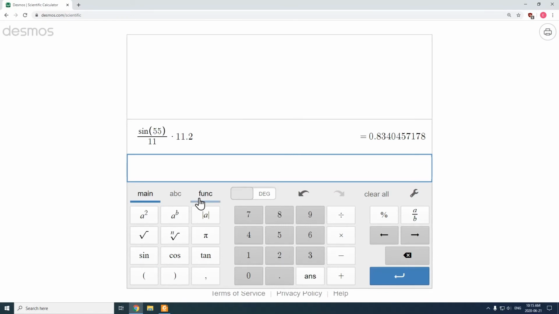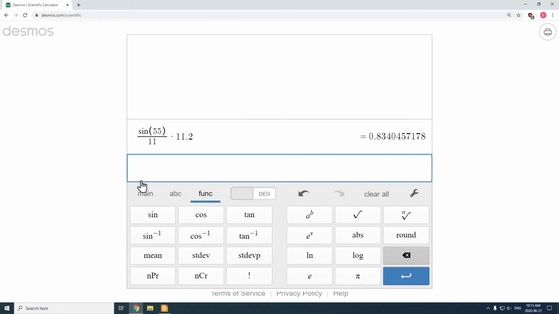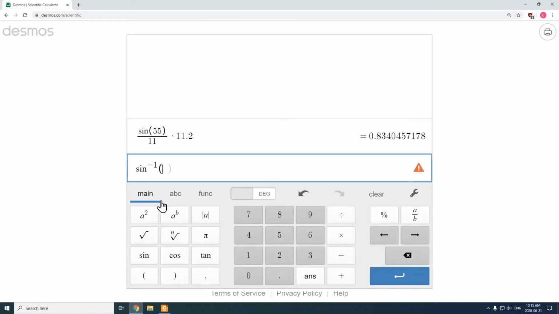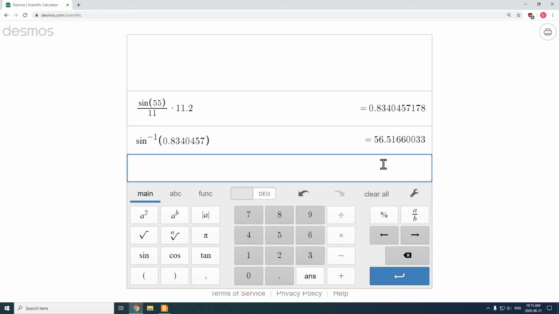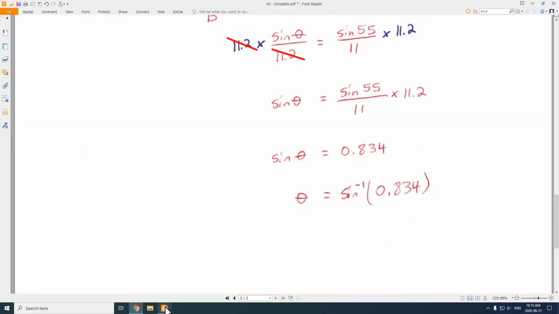You usually have to press a second button, so second sine, to get the inverse sine of 0.834. I might keep a few more decimals just to be sure. And we got 56.5 degrees. So now that's the angle.